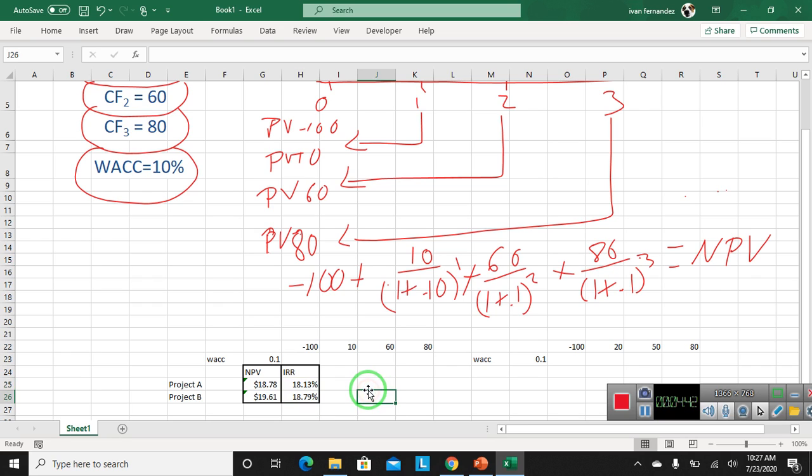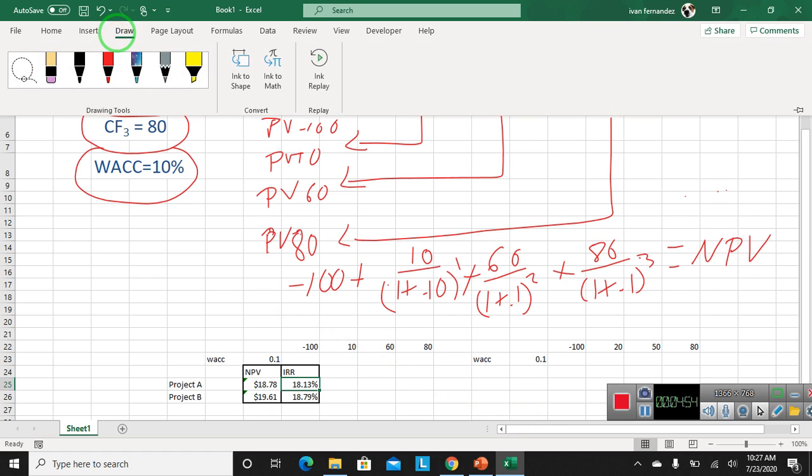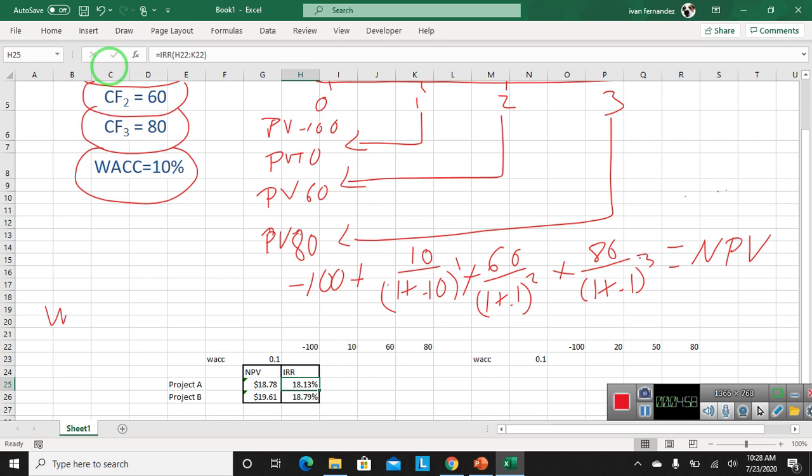So now that you know what the IRR is, 18.13, you're going to take that value and compare it to your WACC. Let me get my pen out. Okay. And your WACC is 10%, but your IRR is 18.13%.